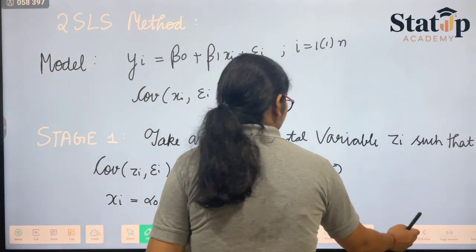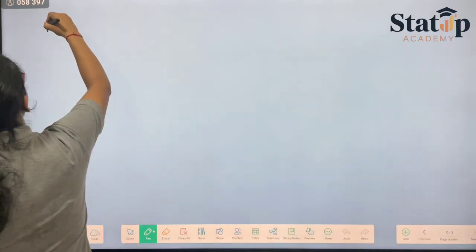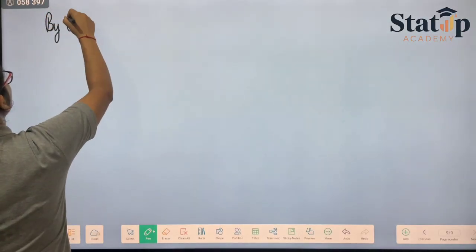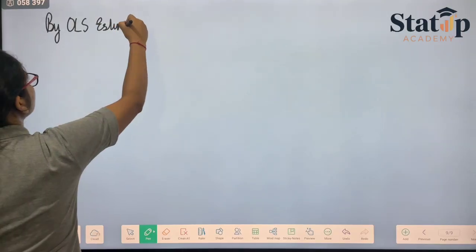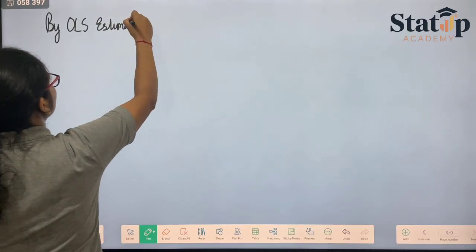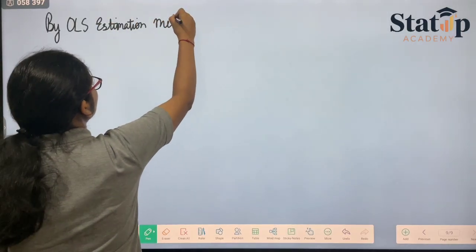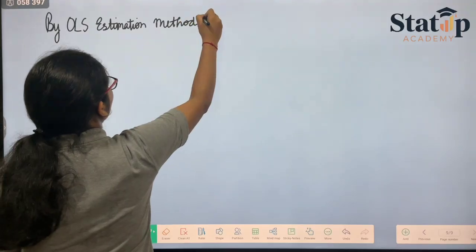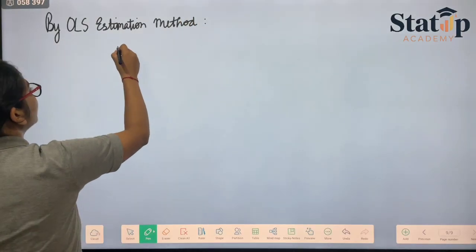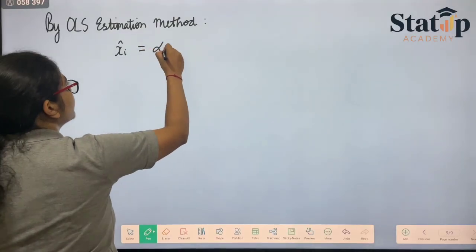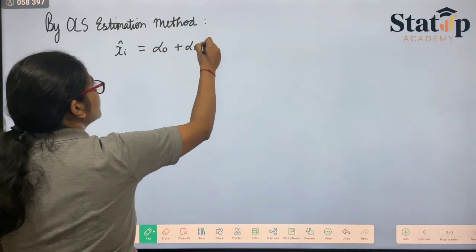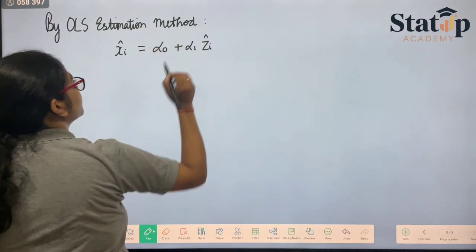Now by the OLS estimation method, we will get xi cap as α0 cap plus α1 cap zi.